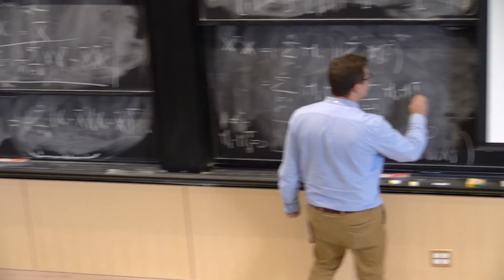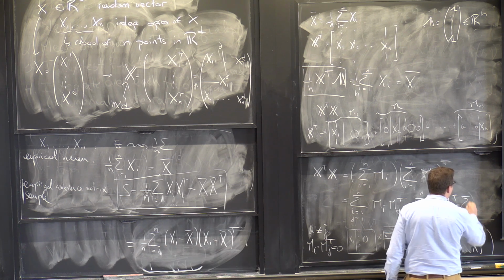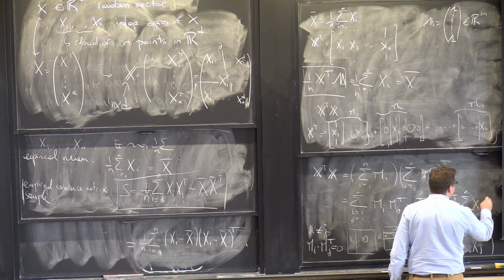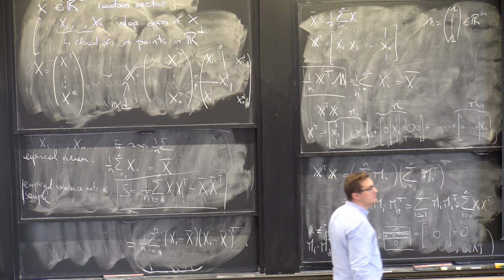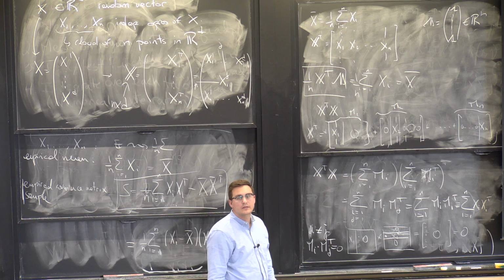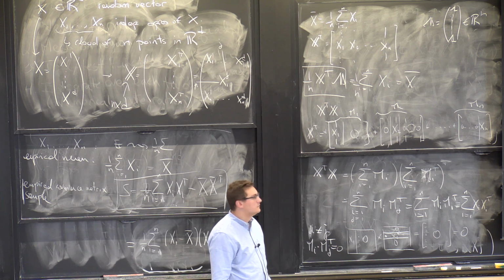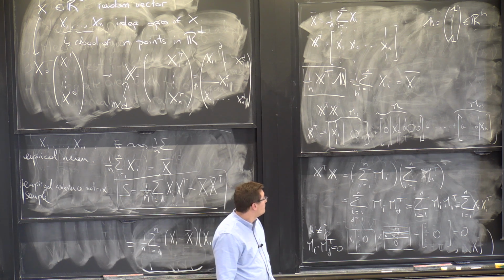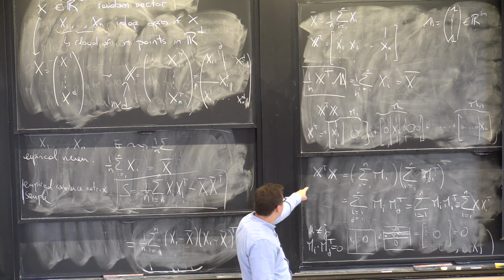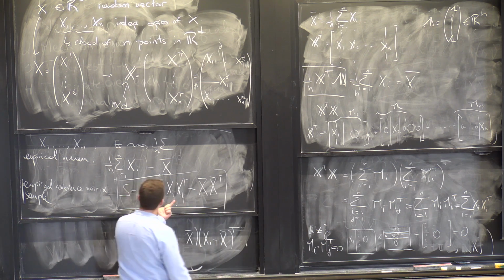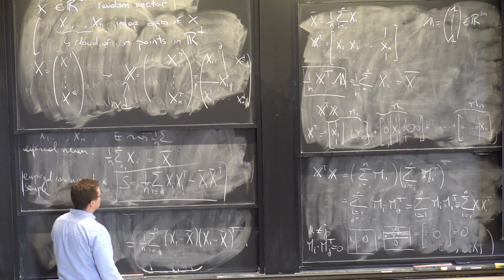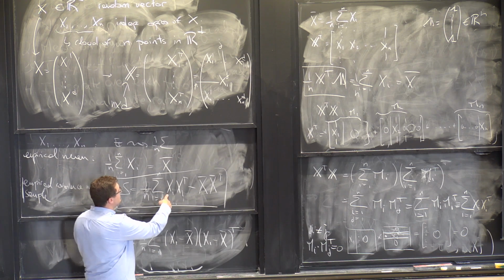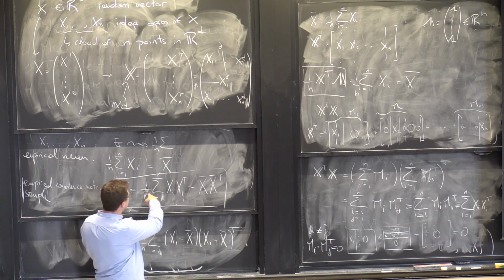So this is really just the sum from i equal 1 to n of xi xi transpose. OK? There's nothing else there. So that's the good news, right? This term here is really just x transpose x divided by n.